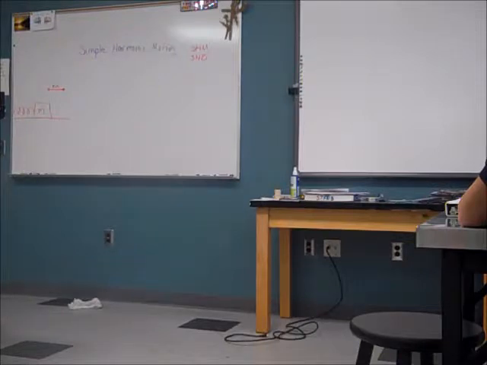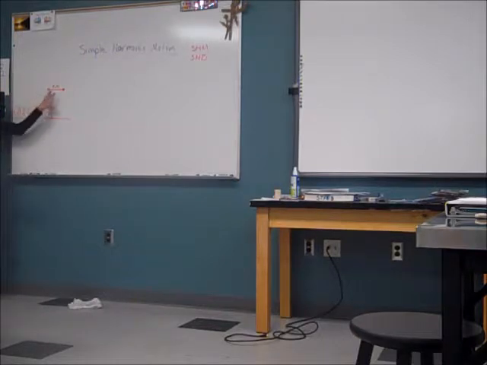But we do know that the acceleration is going to be in the same direction as the force, right? The net force and the acceleration are going to be in the same direction. When we talk about things that have a force like this kx, it's called a restoring force.